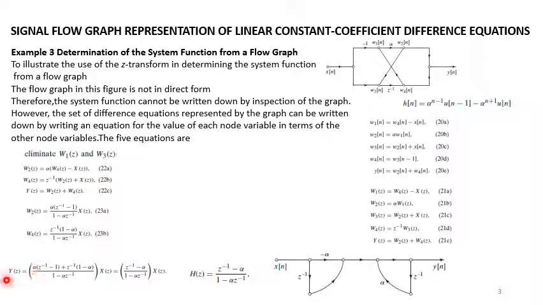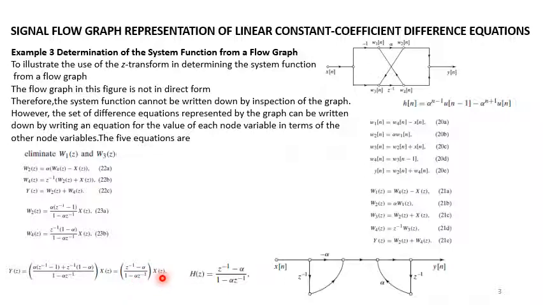So that means Y of z equals this times X of z. On simplification we get (z inverse minus alpha) over (1 minus alpha z inverse) into X of z.